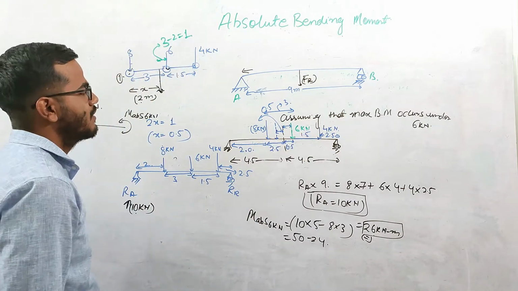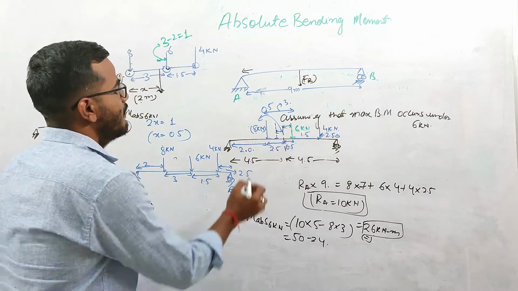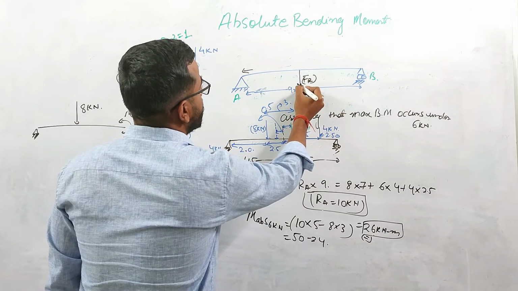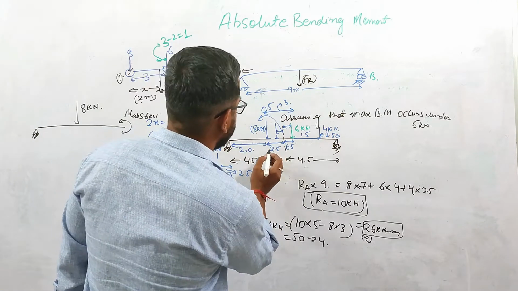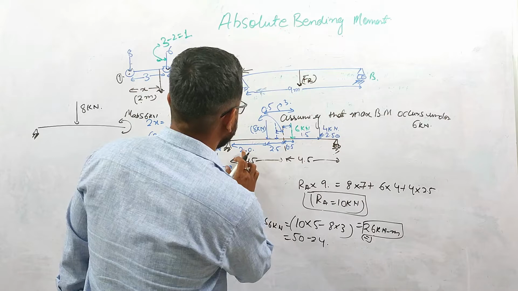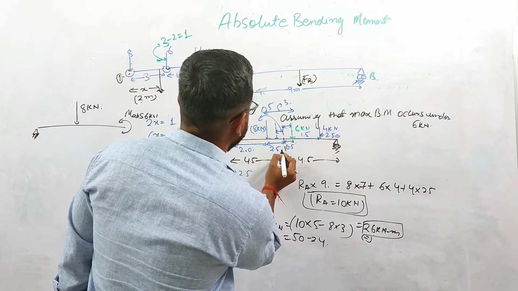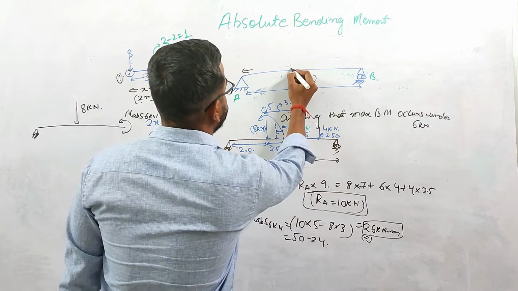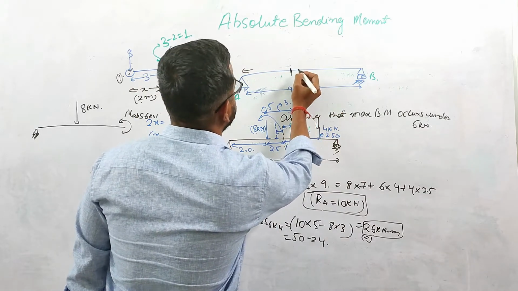Now someone can ask why we are calculating the positioning of these loads. We can directly calculate the moment by using this FR force. We already know the position of this FR load. From the center it is acting at a distance of 0.5 on the left side.